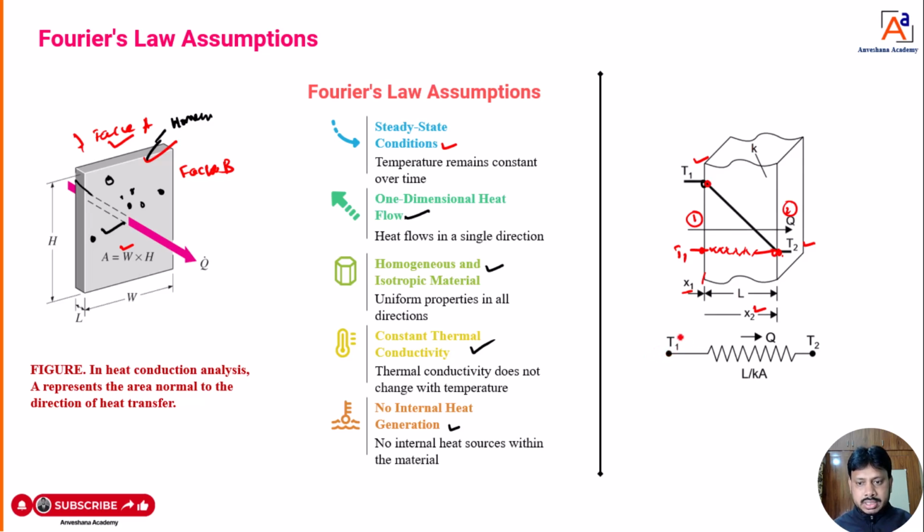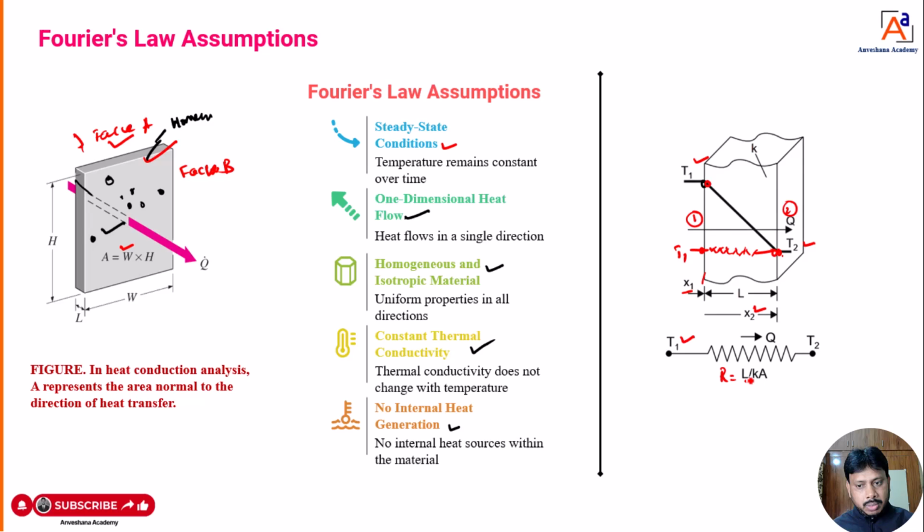What is a thermal circuit? The initial temperature is T1. The resistance offered in the material is represented as R. That R value is R equals L divided by K into A. Then heat is moving from point 1 to point 2, and you have to show the direction of heat flow. It is moving from high temperature T1 to T2.